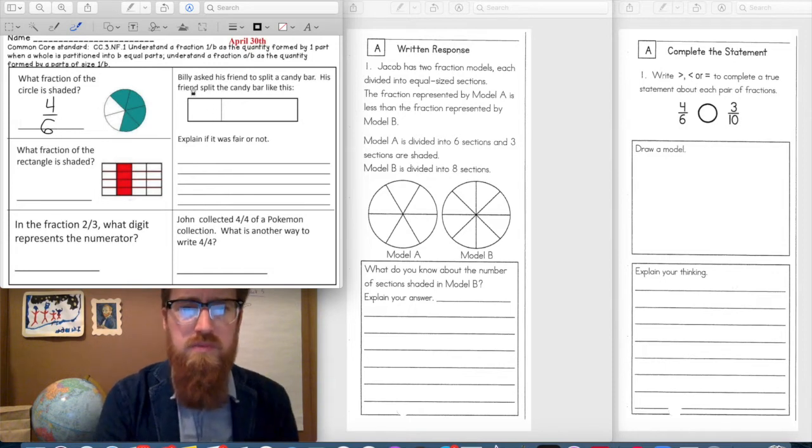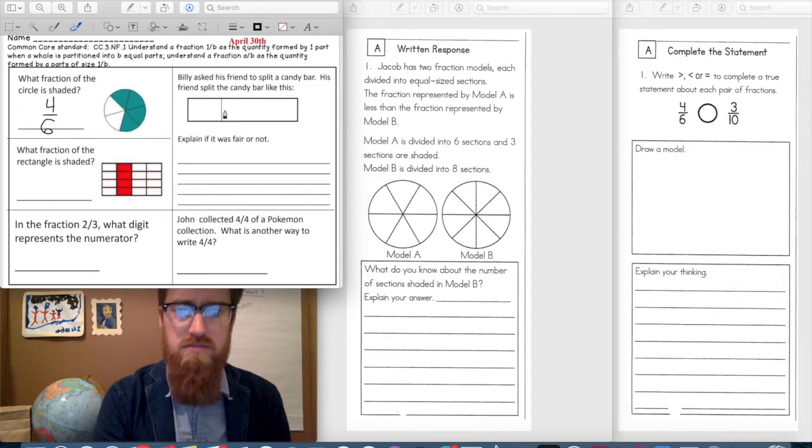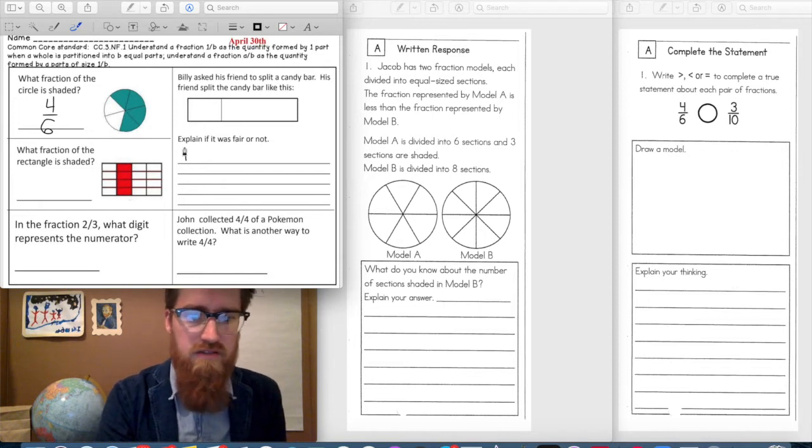If we look at this one, Billy asked his friend to split a candy bar. His friend split the candy bar like this. Explain if it was fair or not. Well, if your friend split a candy bar with you like this and gave you this little piece here, is that fair? No, it's not fair. But why is it not fair?